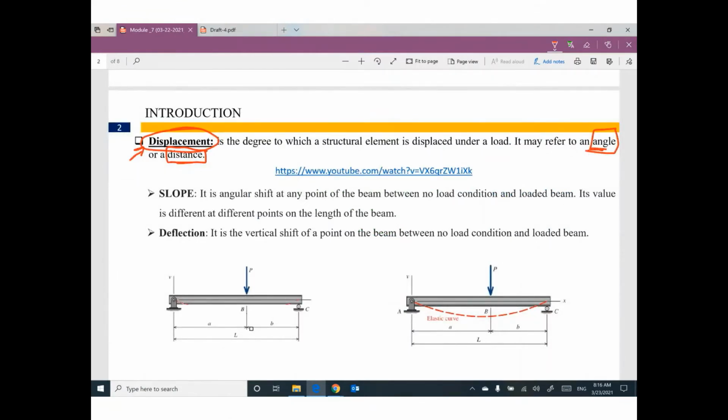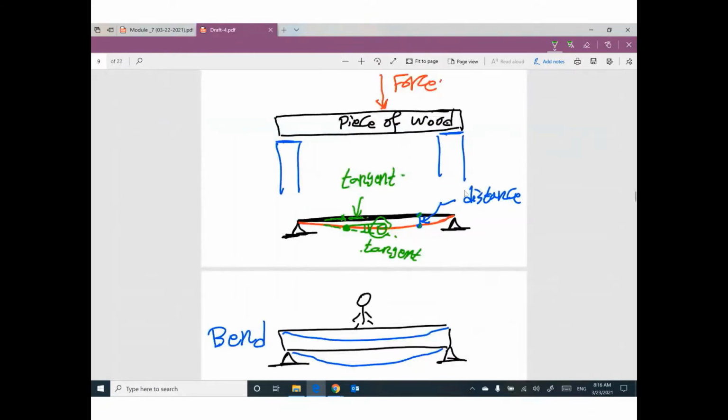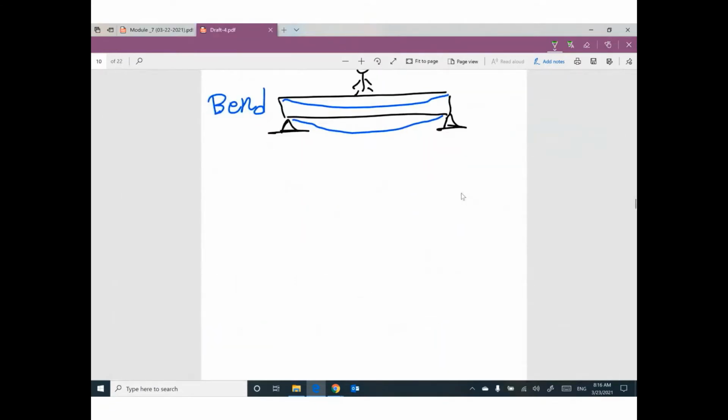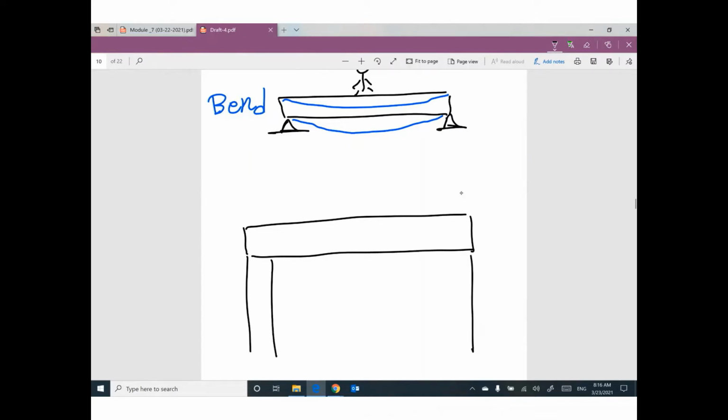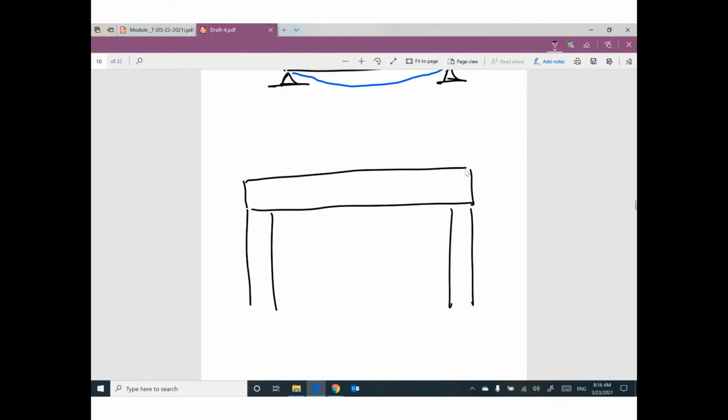That makes sense? Believe me, if your piece of wood is converted to a beam, a concrete beam or steel beam in a real building, and you have load coming from any reason, this load or this force will cause deformation of the structure.